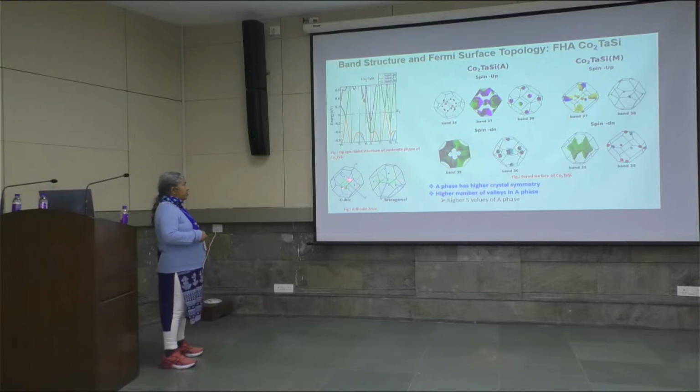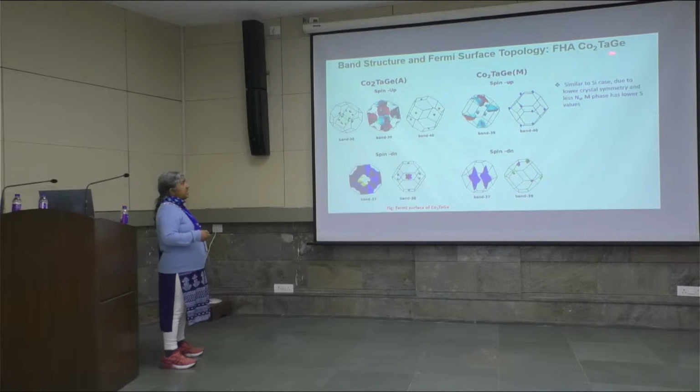These are the Brillouin zones, and these are the high symmetry points around which we have plotted the band structure. The A phase has higher crystal symmetry and a higher number of valleys also. So we get higher S values for the A phase compared to the M phase, because that was a confusion for us: why the A phase has higher thermoelectric values compared to the M phase.